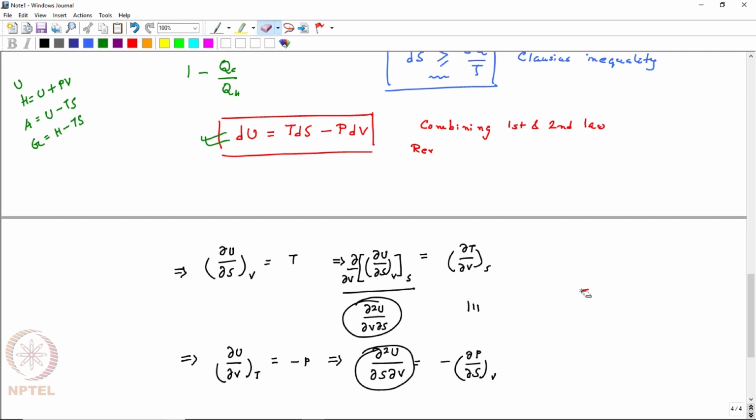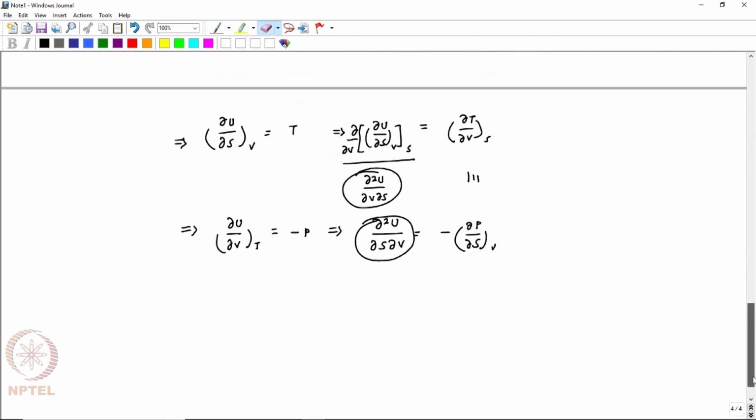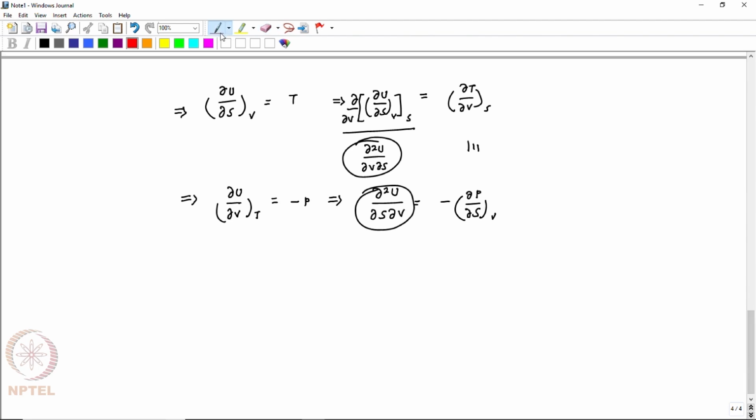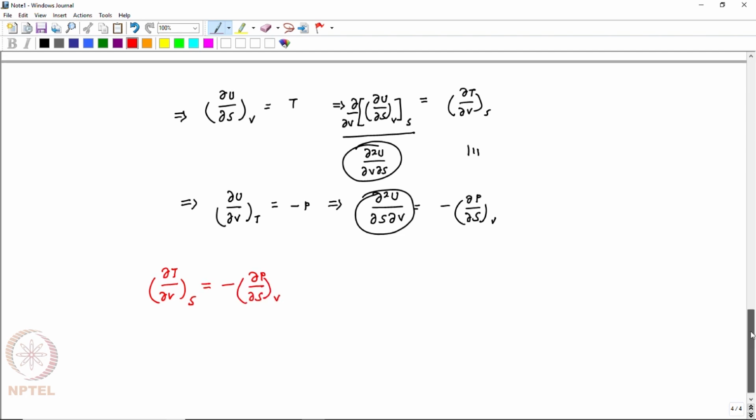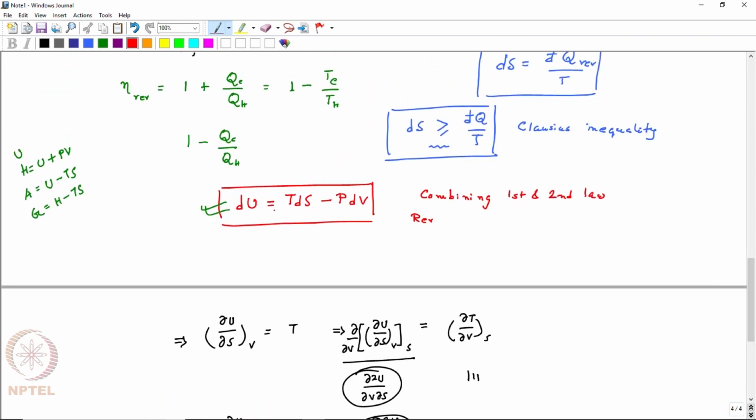Let me write it at the bottom. We get (∂T/∂V) at constant S is minus (∂P/∂S) at constant V, and this is one of the Maxwell's equations which we got from this particular fundamental equation.